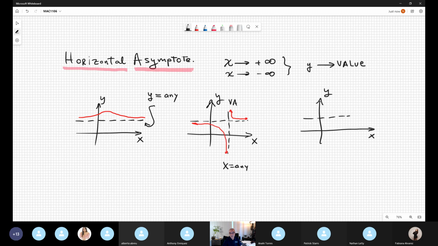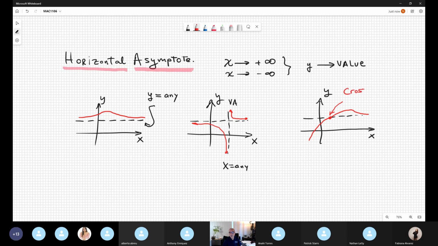Suppose another scenario in which it's possible to touch the horizontal at one specific point and continue, approaching asymptotically after. And this is an important point, in case it exists. It's called the crossing point.